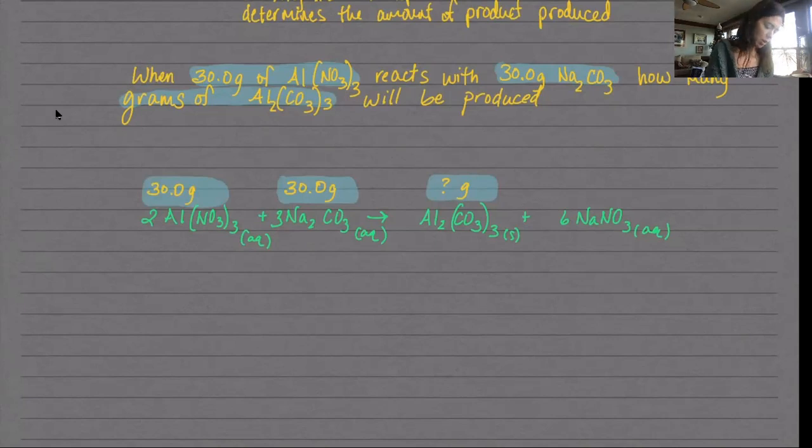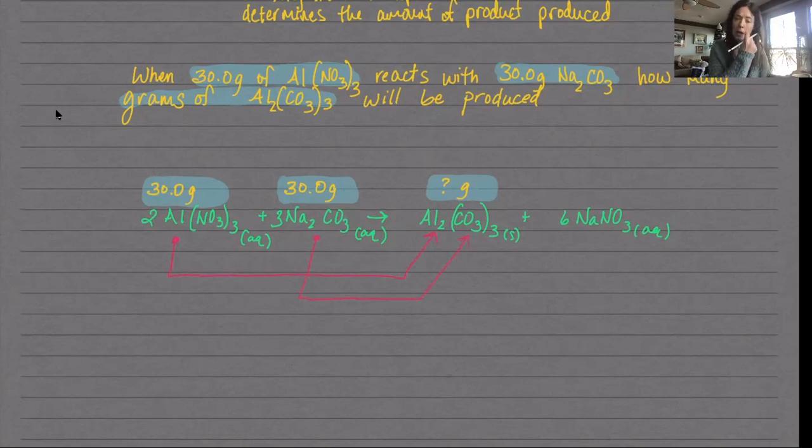All right, so let's look at what we're going to do. We're going to say, with my 30 grams of my first reactant, how many grams of my product can I produce? And then we're going to go, and with my 30 grams of my other reactant, how many grams of my product can be produced?